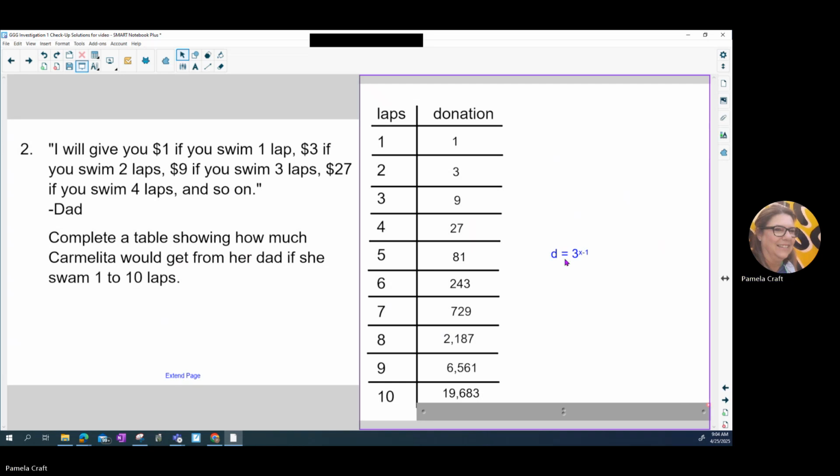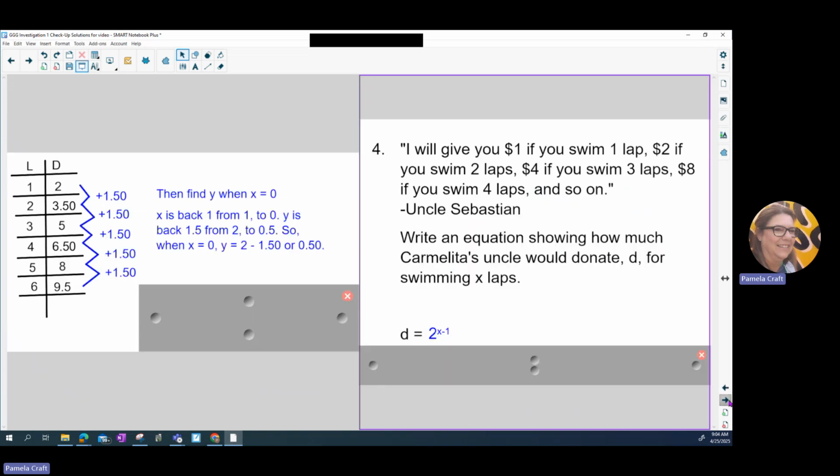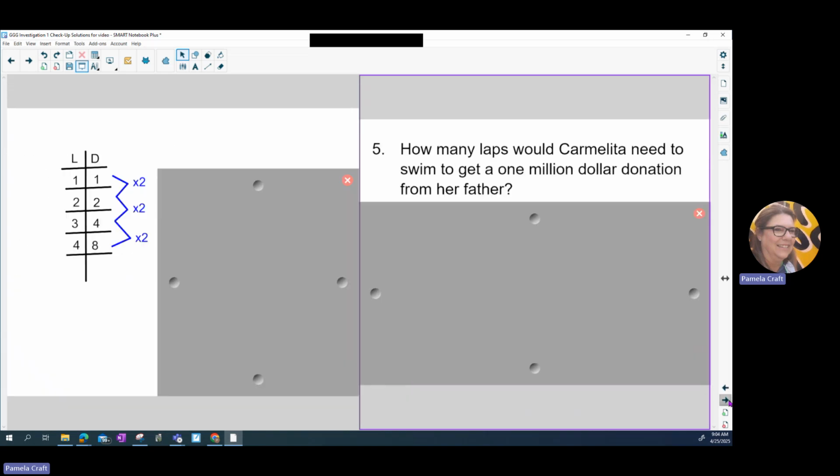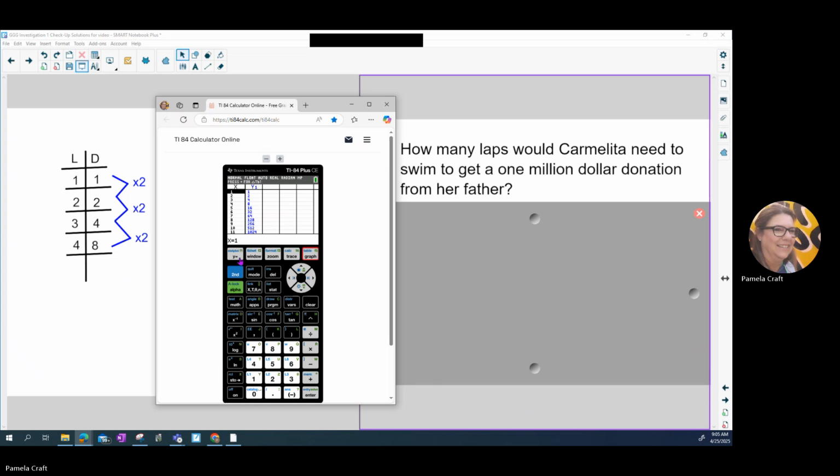And I have the equation, my donation is equal to 3 to the power of x minus 1. So I'm going to go to my calculator and put in 3 to the power of x minus 1. Equals, and instead of 2, I'm just going to change that to a 3. An arrow over.